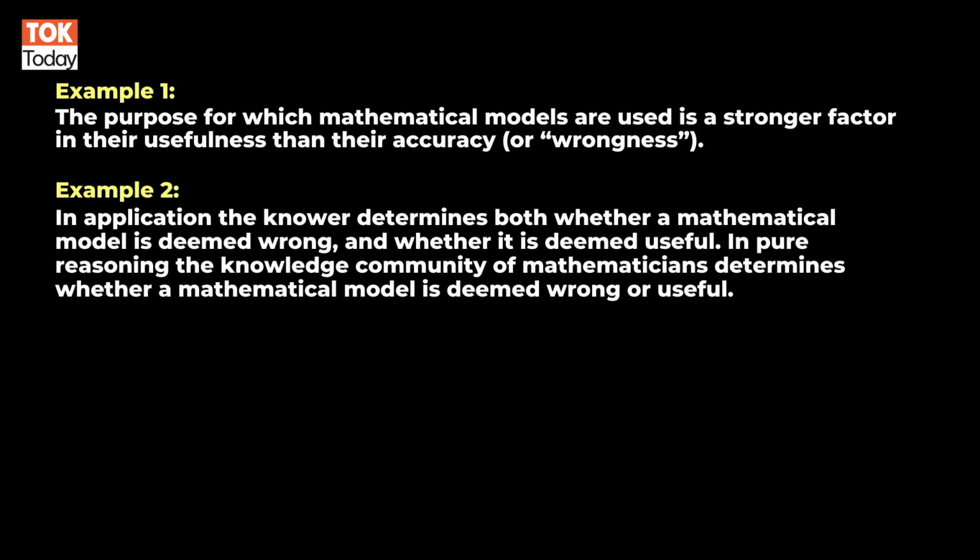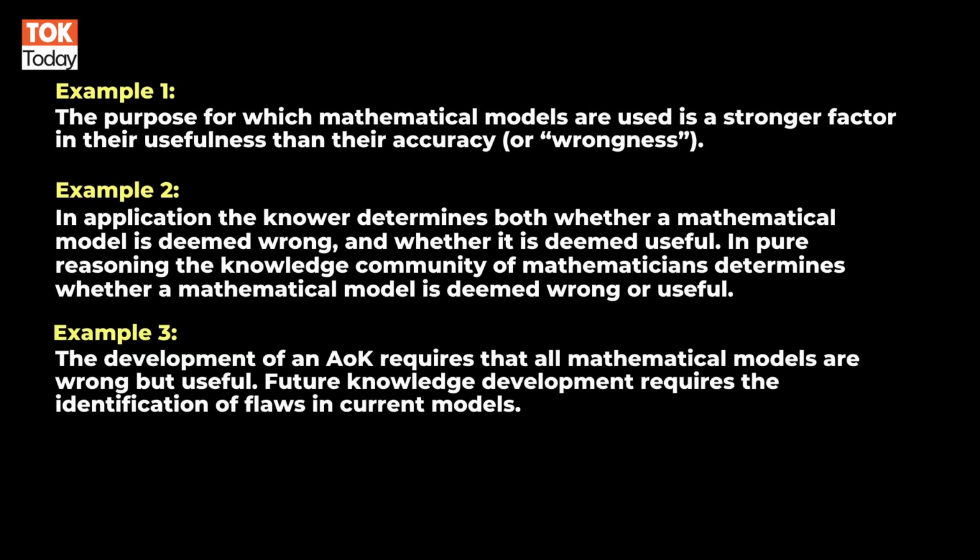Second knowledge claim. In application, the knowledge determines both whether a mathematical model is deemed wrong and whether it is deemed useful. But in pure reasoning, the knowledge community of mathematicians determines whether a mathematical model is deemed wrong or useful.